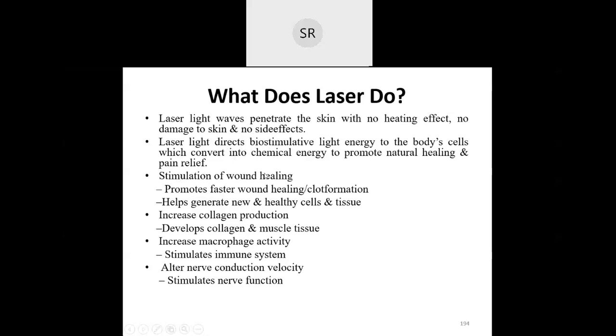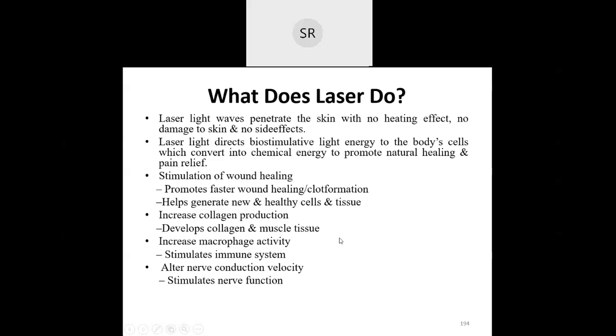They can be used for different purposes, like natural healing, pain relief, and wound healing. It develops collagen and muscle tissues, increases macrophage activity, and alters nerve conduction velocity, which stimulates the nervous function or the immune system.